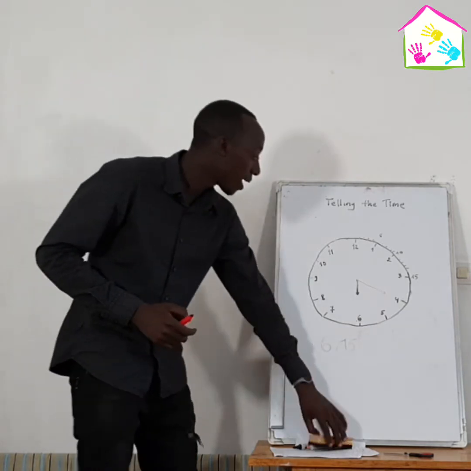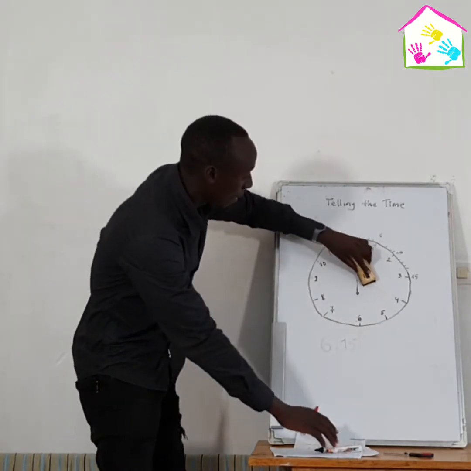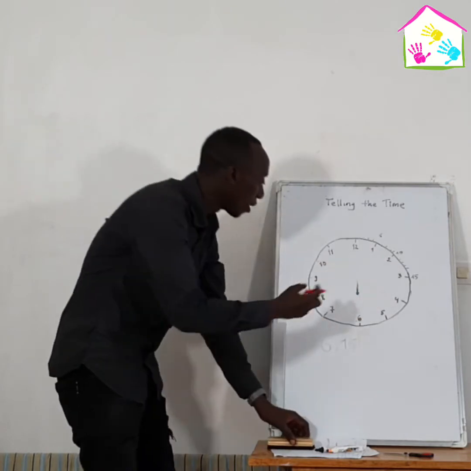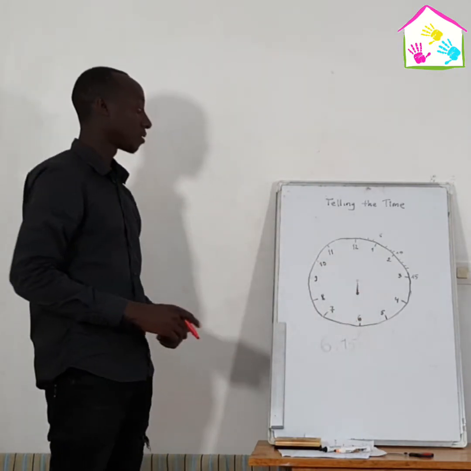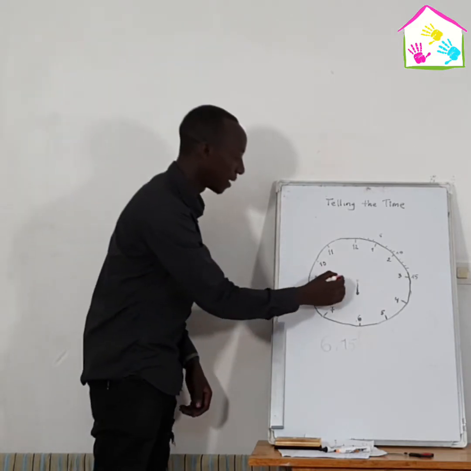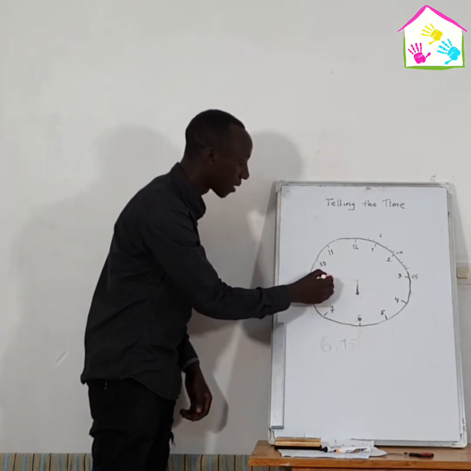So when I have told you when the long hand is, for example, at 9, it points at 9.